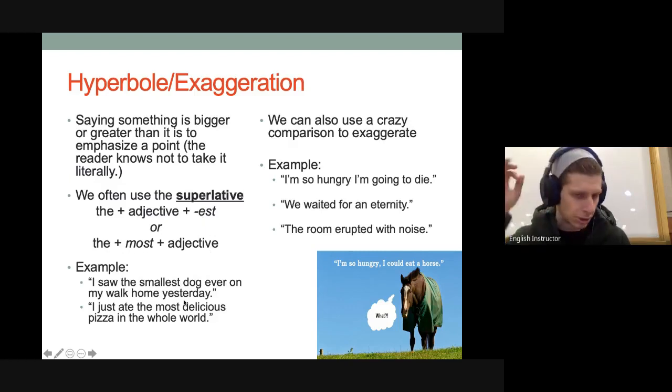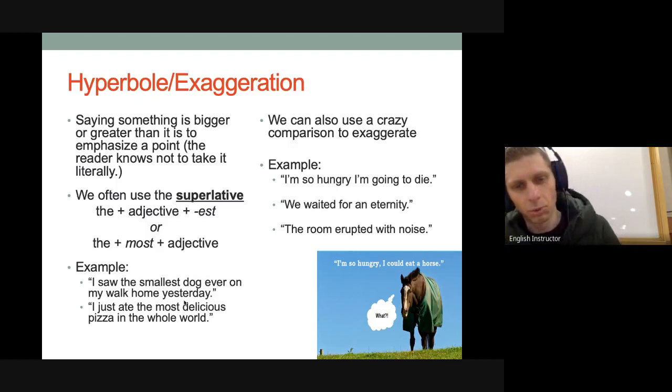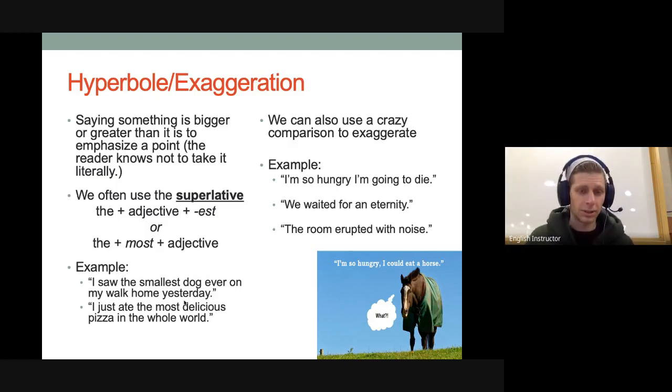So the most delicious, the most tasty, tastier, tastiest. Yeah, so not most tasty. What's another one? The most beautiful scene of the mountain, right? We wouldn't say beautifuler. We would say more beautiful, or in this case, the superlative, the most beautiful.